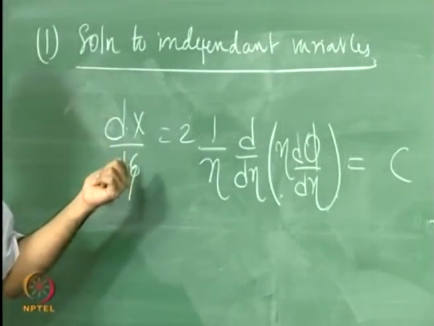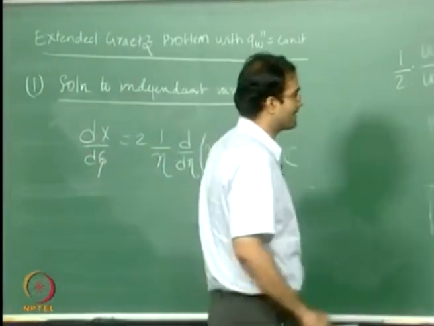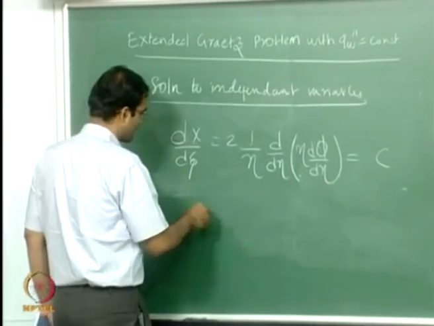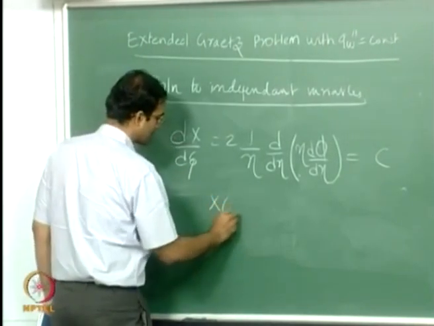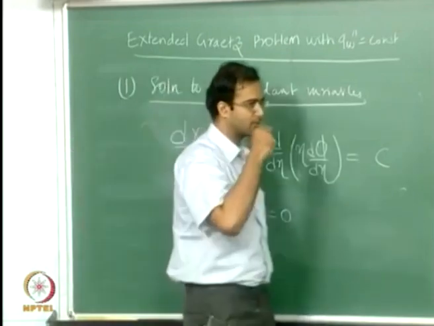Okay, so therefore you have two independent solutions, and the boundary conditions for this particular problem, in terms of x, you assume that x corresponding to zeta equal to 0 is equal to 0.